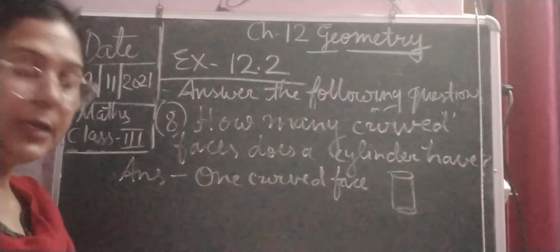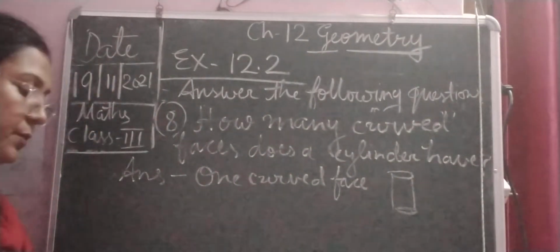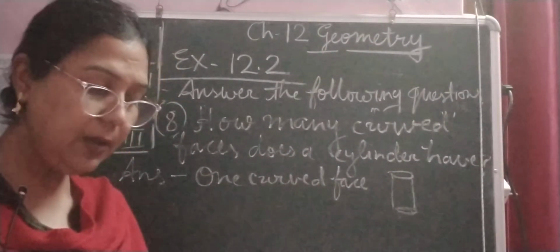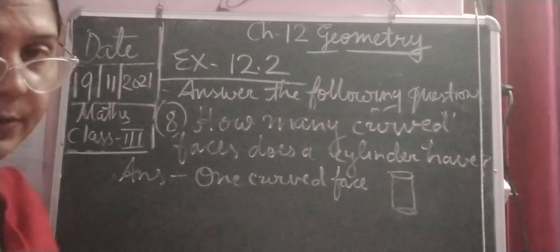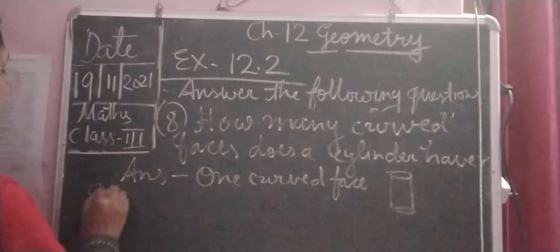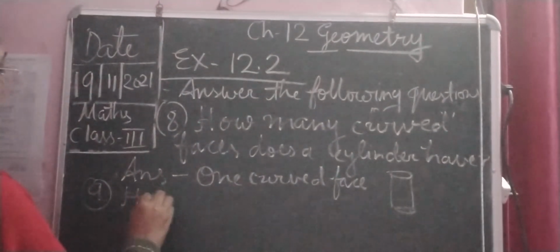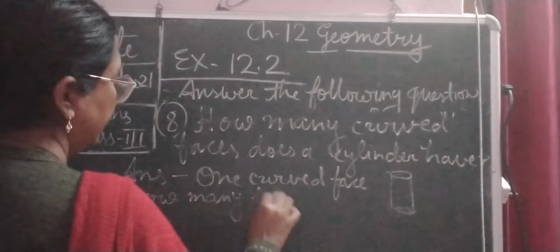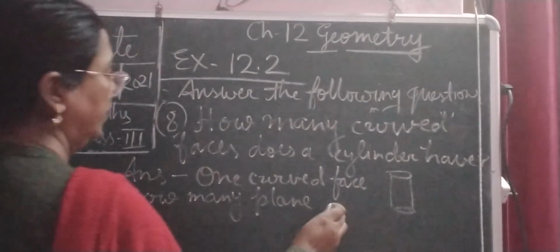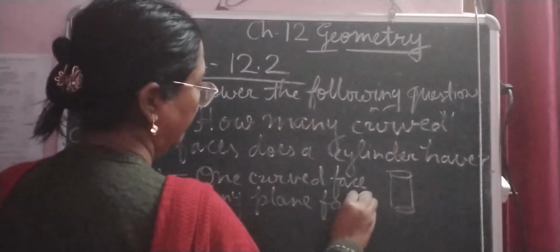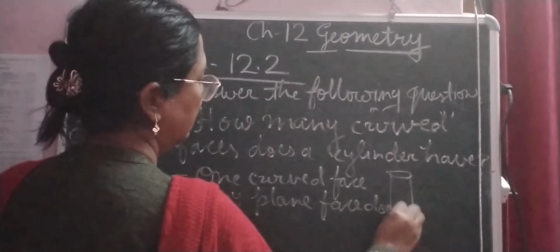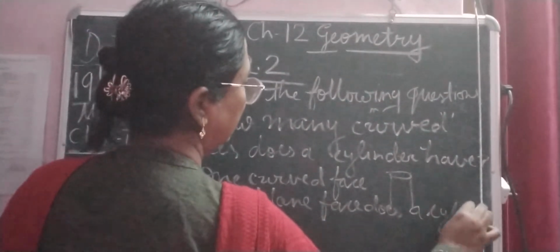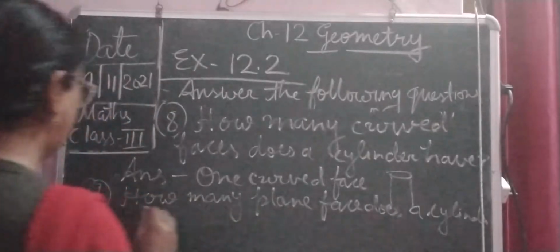Now I am going to write the next question, that is, how many plane faces does a cylinder have? Number 9. How many plane faces does a cylinder have?